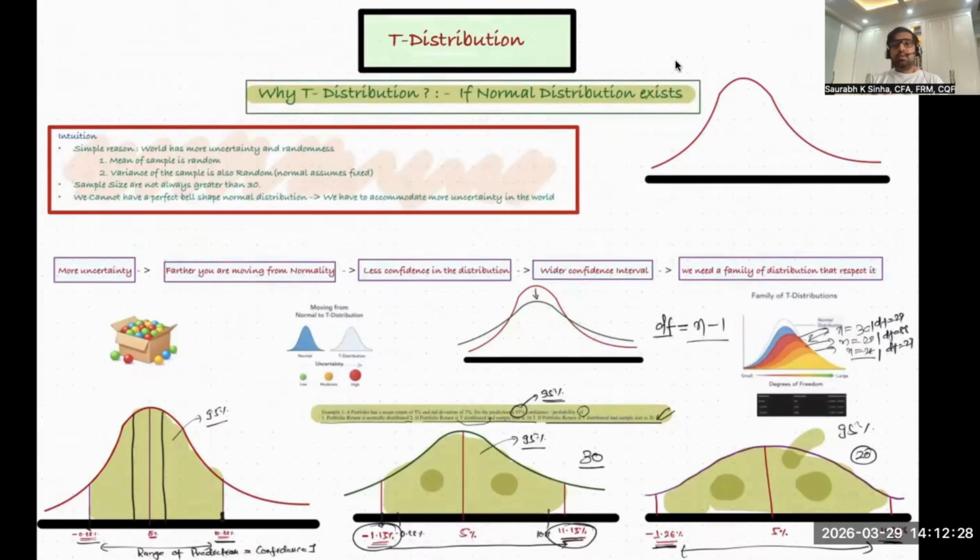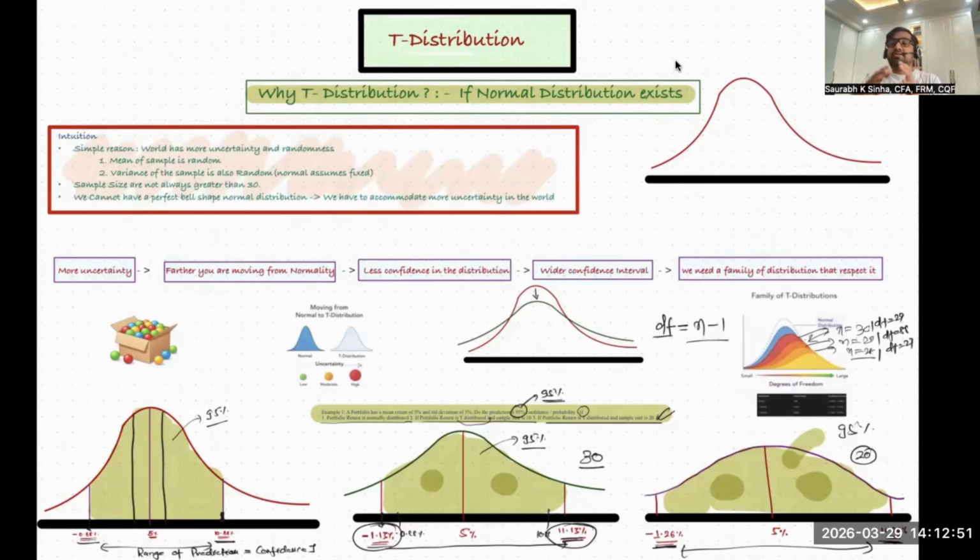I know we haven't entered into further examples of the t distribution, but this explains why we need t distribution. It also explains that when you enter into the detailed prediction with the help of t distribution, you don't have one distribution.